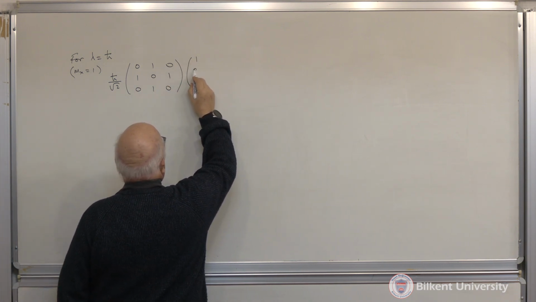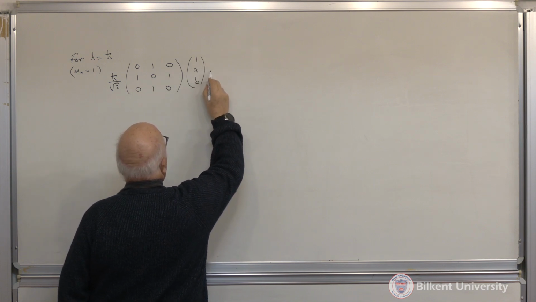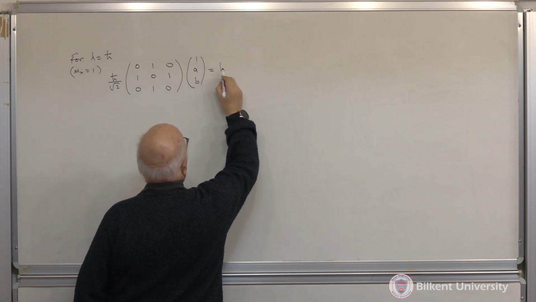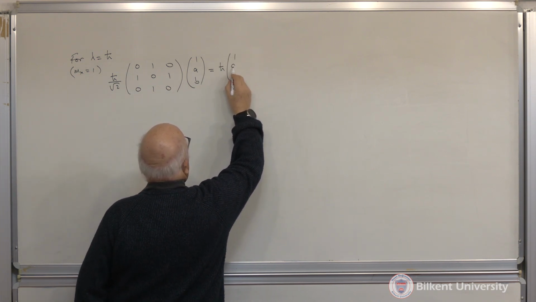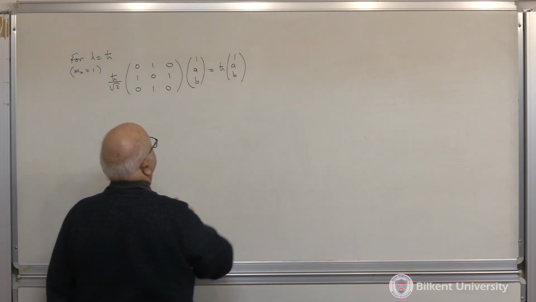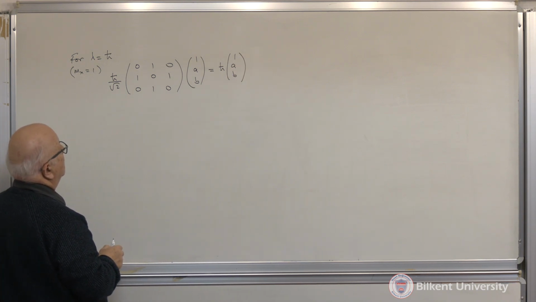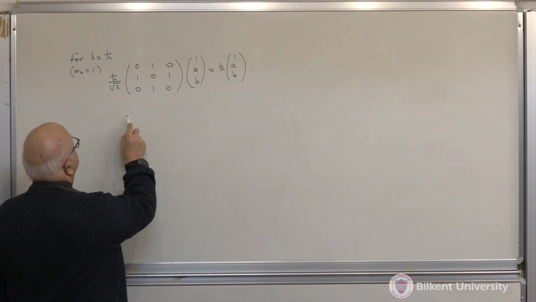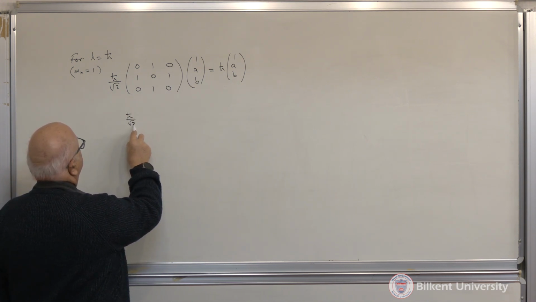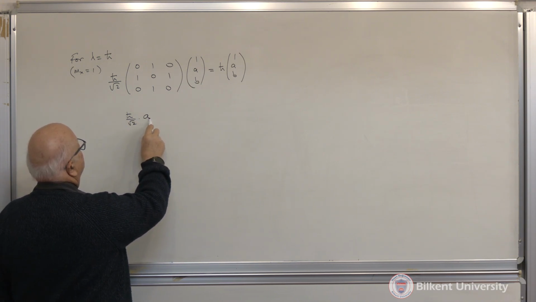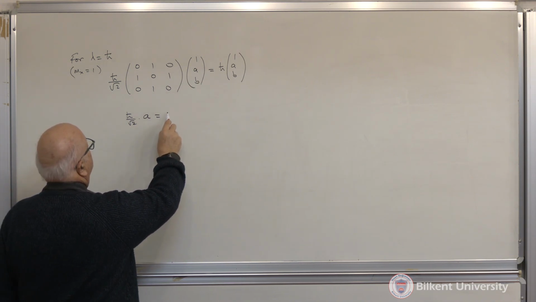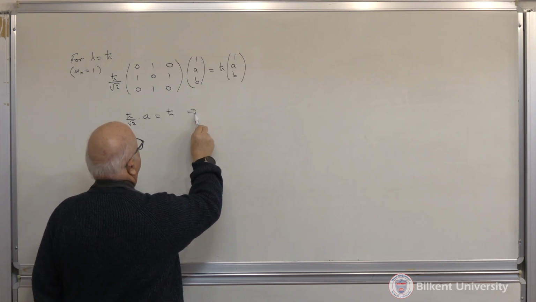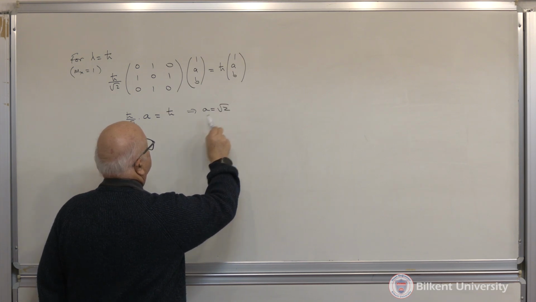I'll again take it as 1, A, B. And the eigenvalue is h bar, so it's going to be h bar times 1, A, B. All right, let's figure it out. The first equation is what? H bar over root 2 times A is equal to h bar, so that gives me A equals square root of 2.